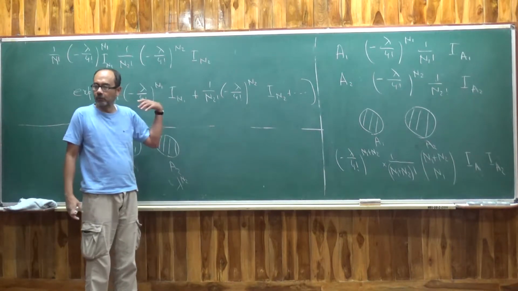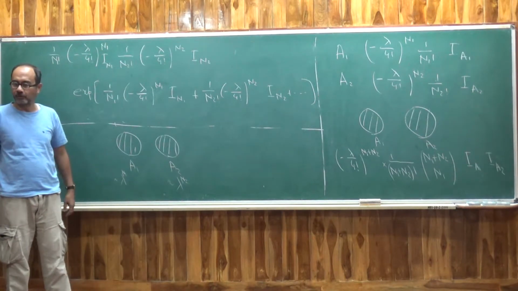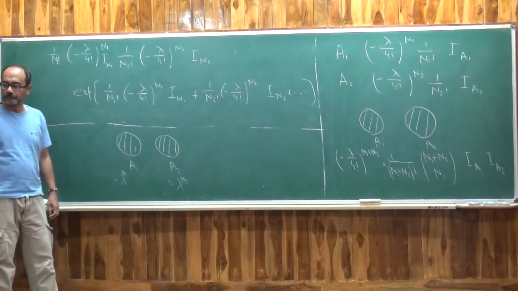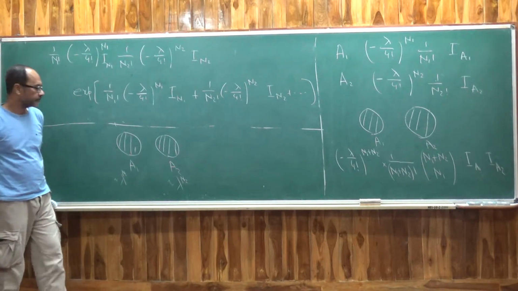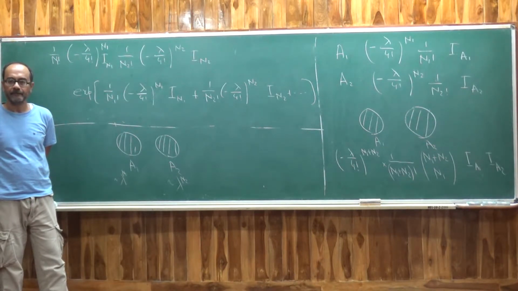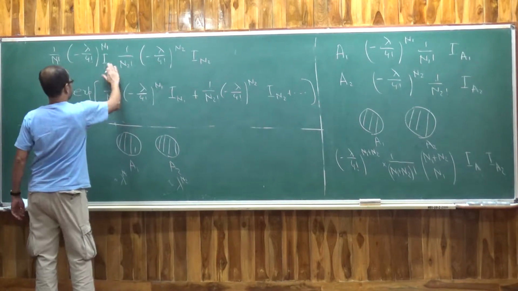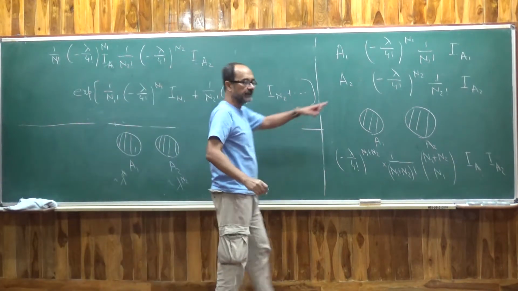No 1 over 2 factorial: this is quadratic, but when you square it, you get a 2, so no 1 over 2. So this is exactly the product of this and this that we will get. Is this point clear? Is it okay or should I repeat it? What is this? IA1 and IA2. These are the things that happen.